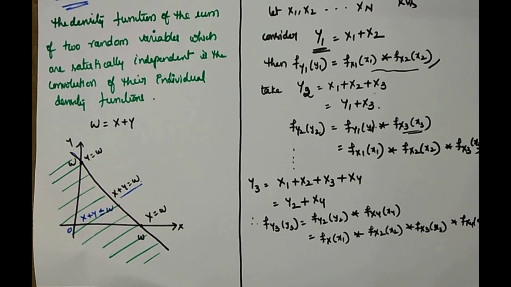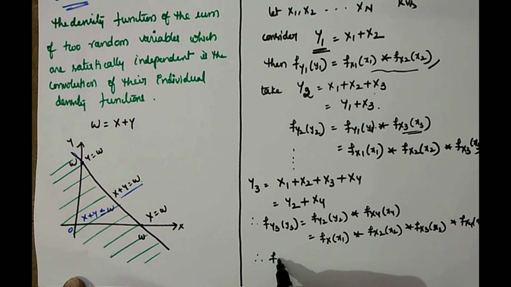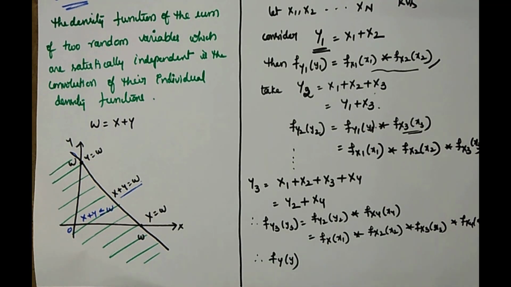Therefore, the density function of the sum of n independent random variables, take it as fy of y, where capital Y is the sum of all n independent variables.